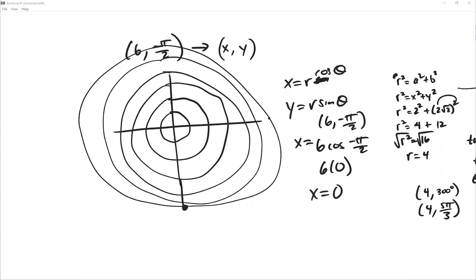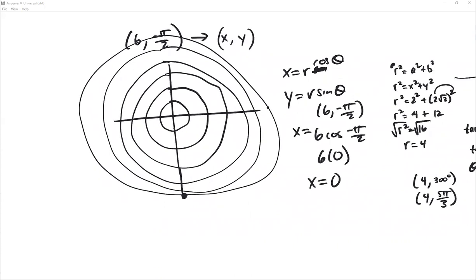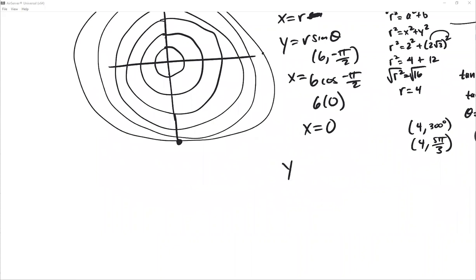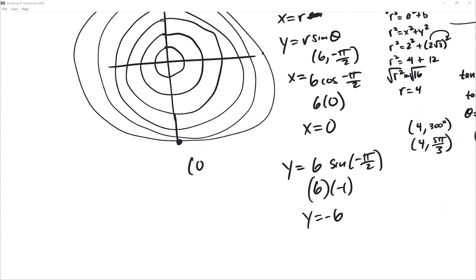So the x value is 0. Now y is 6 sine negative pi over 2. What's sine negative pi over 2? Negative 1. Negative 1 times 6? There you go. So our values are 0, negative 6.